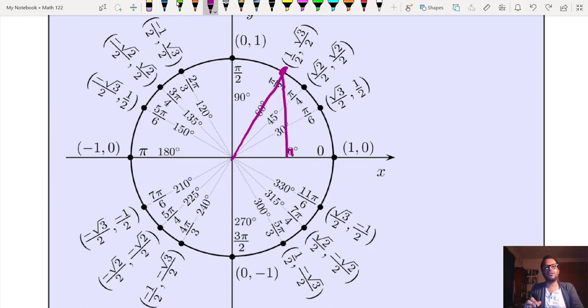Remember when we evaluated the 150 degree, I believe it was 150. Let me go back and see my notes real quick. Yes, it was 150 degree. For the 150 degree, this is what we did. We went from the initial, right from the very beginning, and then we created another terminal line, all the way here.